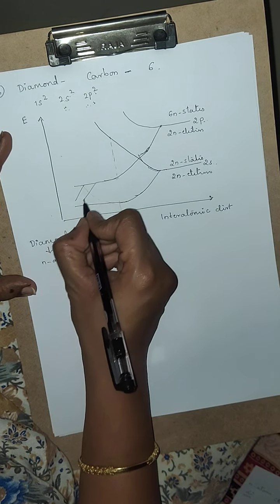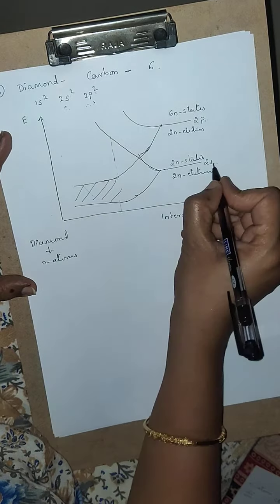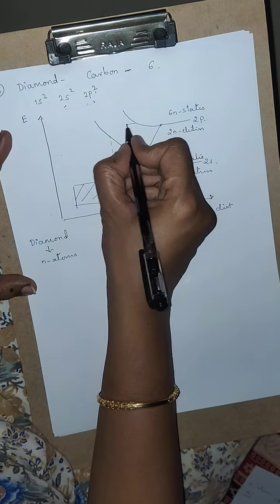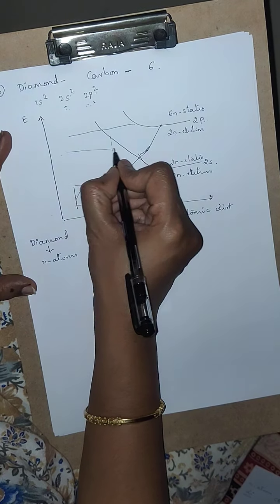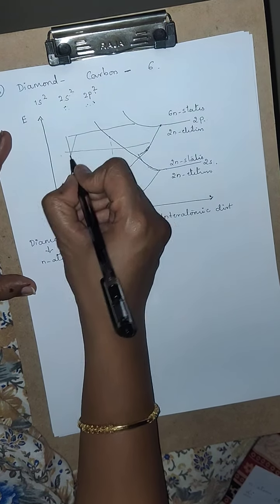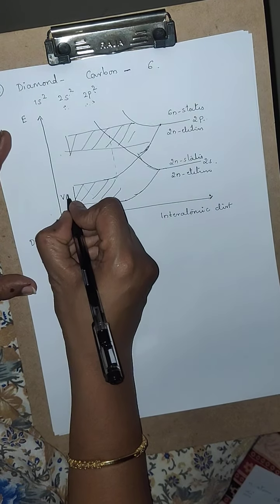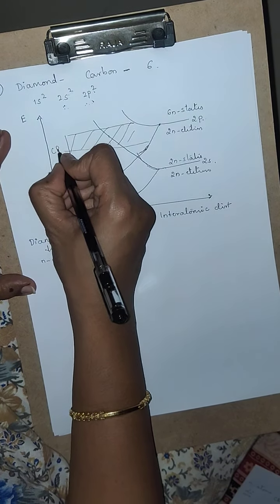The bands of energies are formed here: the 2s level, which is completely filled, and the band formation in the 2p level, which is partly filled. So this acts as the valence band and this acts as the conduction band.